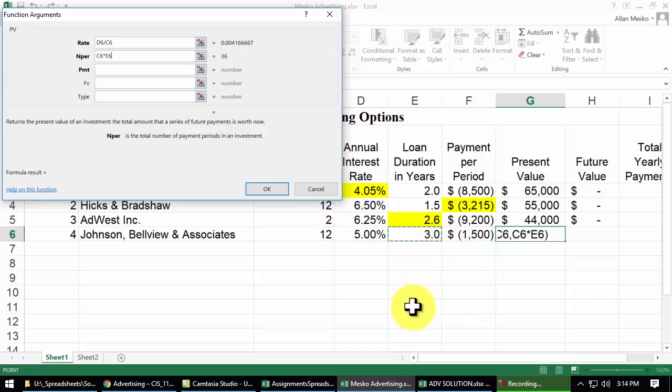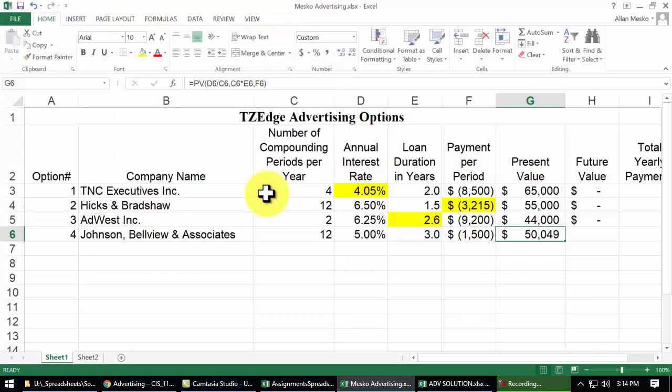We're going to be making 36 payments. Our payment, they already told us, was this much. And now we assume we are making the payment at the end of the period and we're paying it all off down to 0. And it says basically you're borrowing a little over $50,000. And that's the formula in that row.